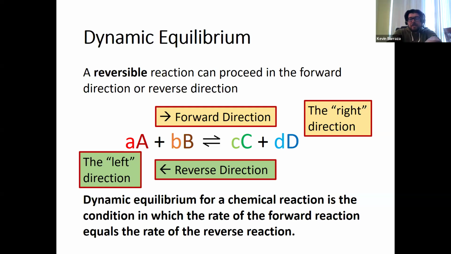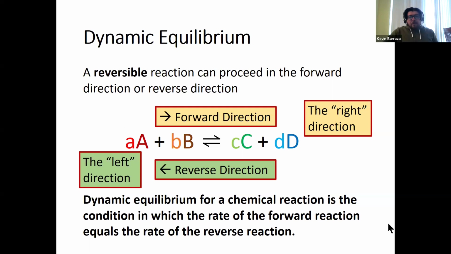Whenever we're discussing what direction the reaction goes, if it's going forward, or to the right, it means that the reactants on the left-hand side are being used up to make products on the right-hand side. But if we're saying the reaction goes in the reverse direction, or the left direction, we're saying the things on the right-hand side are being used up to make the things on the left-hand side, right?